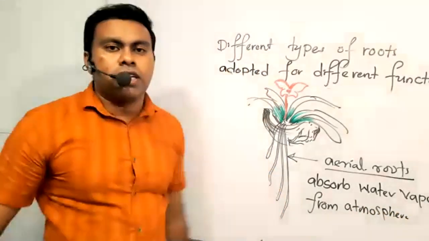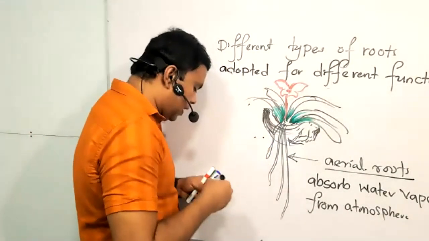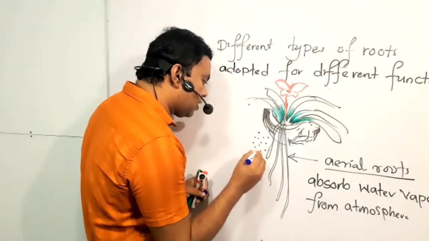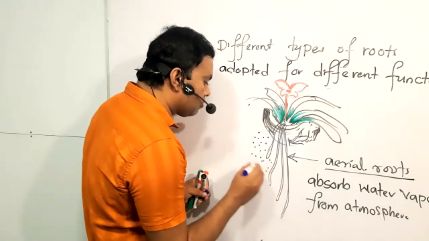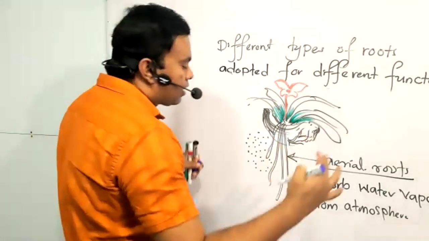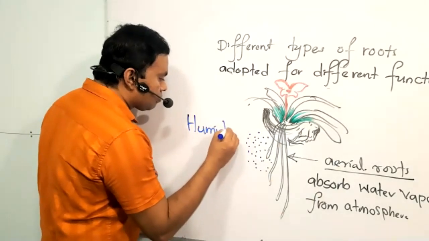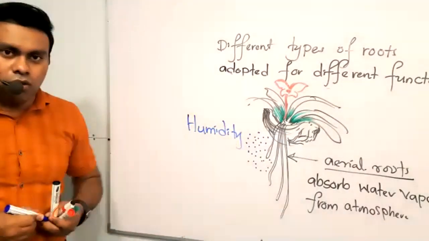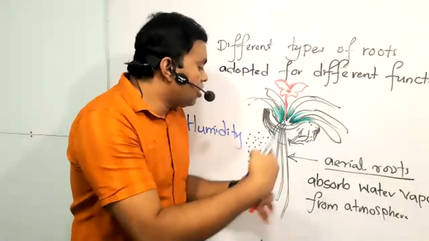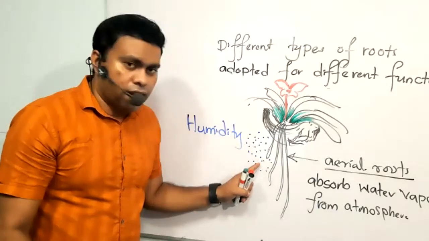Okay. So in that case, we have to increase the amount of water vapor in atmosphere. So we call that humidity. The amount of water vapor in atmosphere is known as humidity. So increasing the water level means increasing the moisture level or water drops as mist.